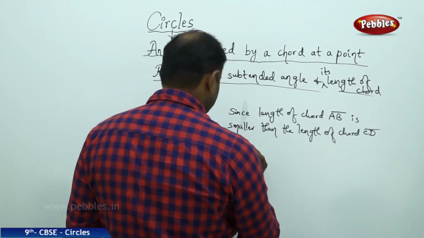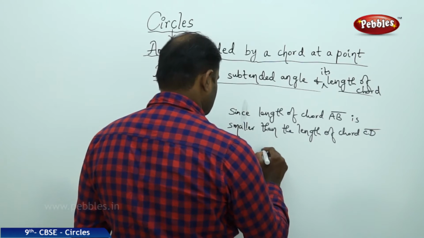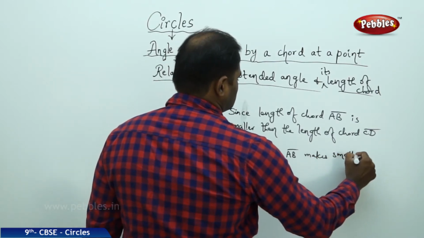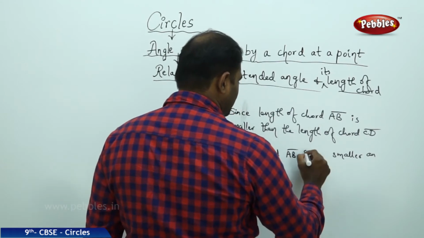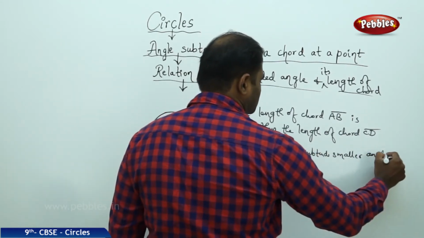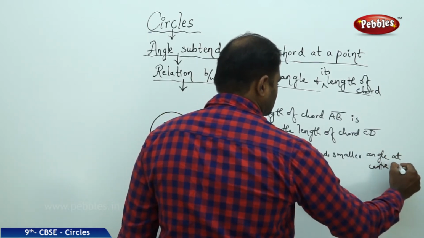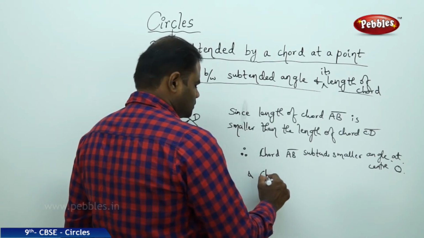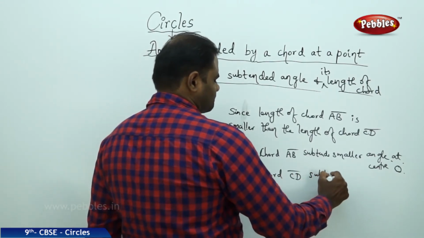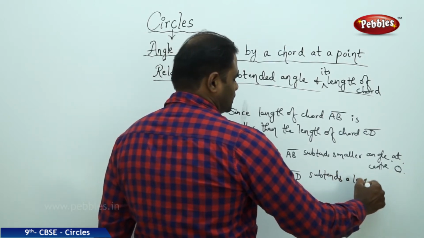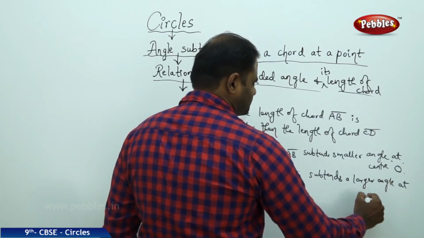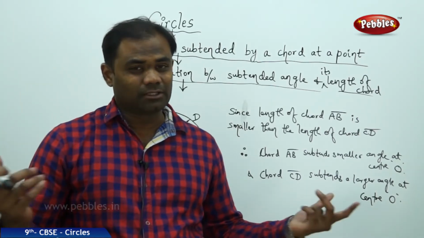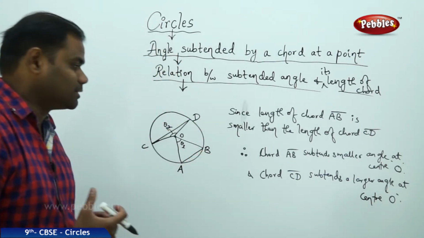Therefore, chord AB subtends a smaller angle at center O of the circle, and chord CD being bigger, chord CD subtends a larger angle at center O. This is how we understand: bigger the chord or bigger the length of the chord, the bigger is the angle subtended at its center.